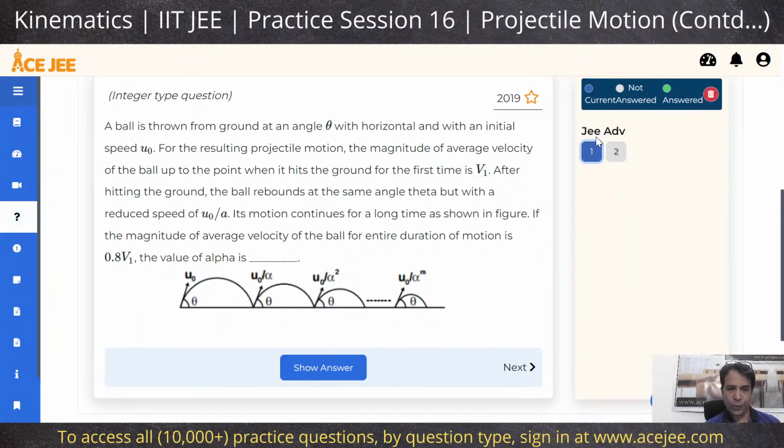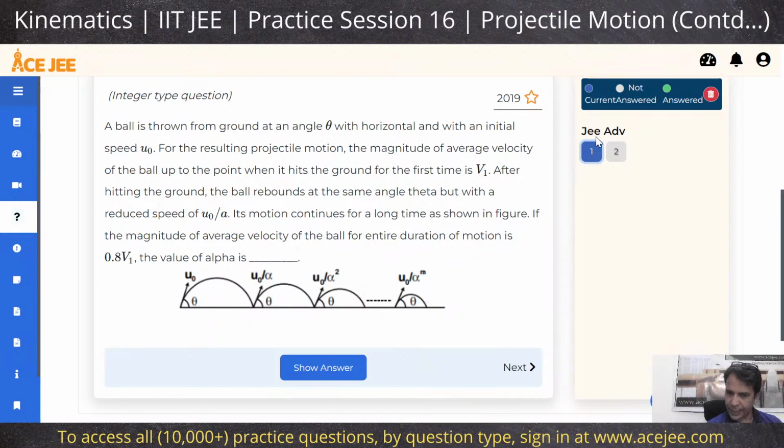If the magnitude of the average velocity of the ball for the entire duration of motion is 0.8 v1, find the value of alpha. This is u0 by alpha, not u0 by a. Correction there, it should be u0 by alpha.